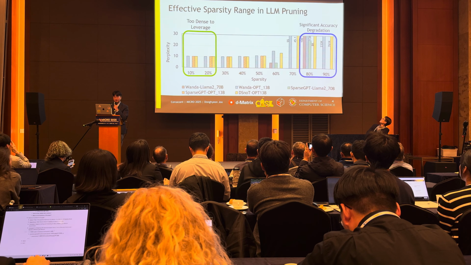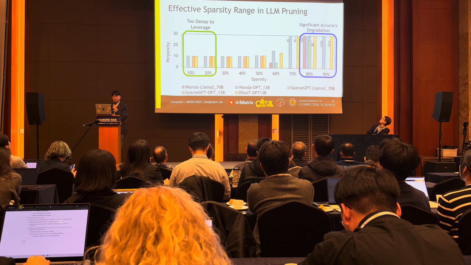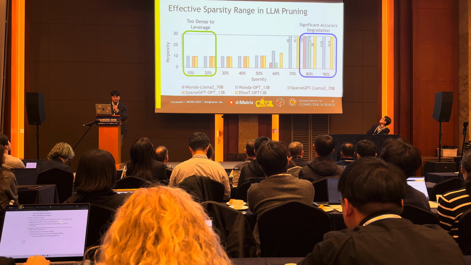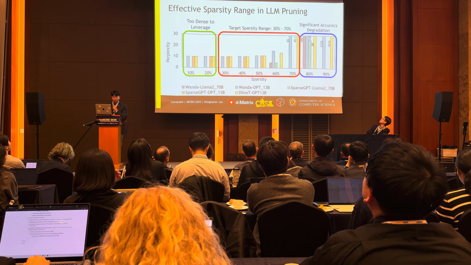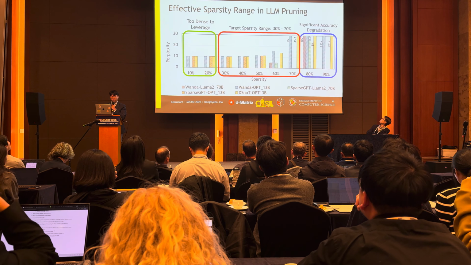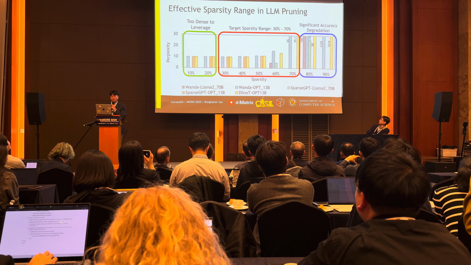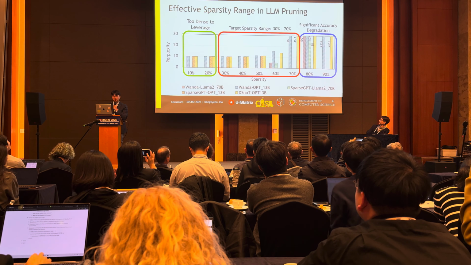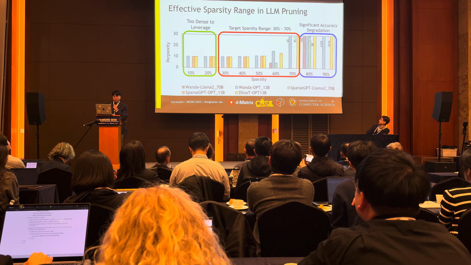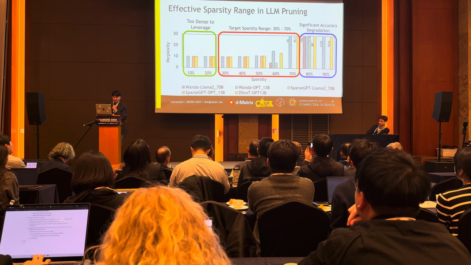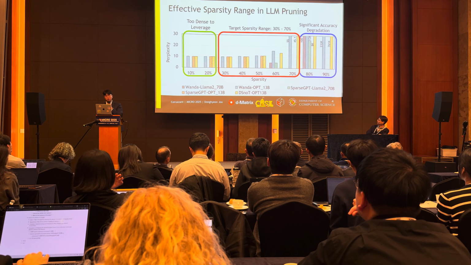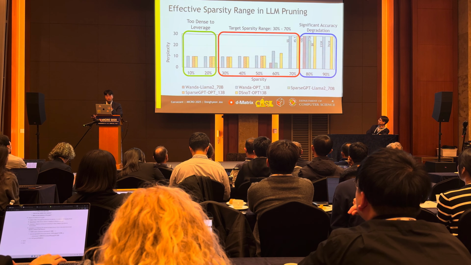And second, perplexity degrades starting from 50% with significant degradation from 70% sparsity. And therefore, we focus on the sweet spot between 30 to 70% sparsity, which offers a strong balance between accuracy retention and potential for compression and acceleration. 70% sparsity was also included to be forward-facing for future pruning algorithms that may preserve model accuracy better.